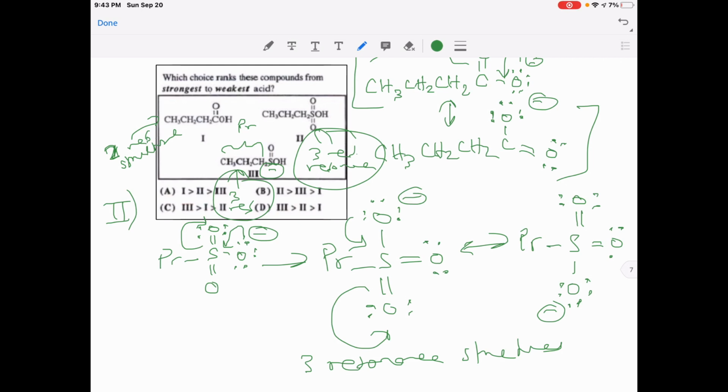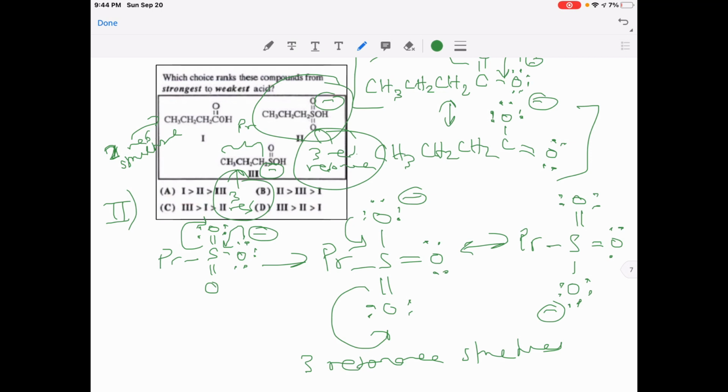There is no negative charge on the sulfur in any of these resonance structures. What this indicates is that in this structure, all the negative charge is delocalized only on the most electronegative atoms. It's never delocalized on a sulfur atom.